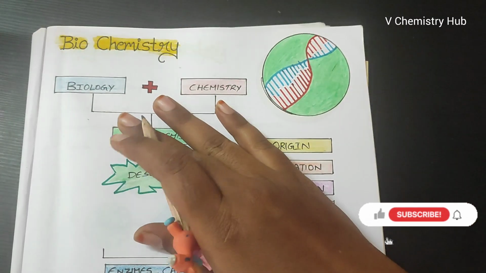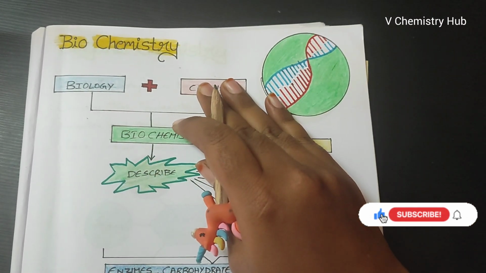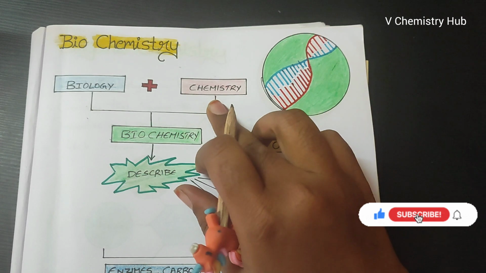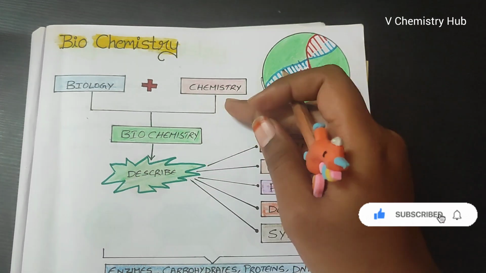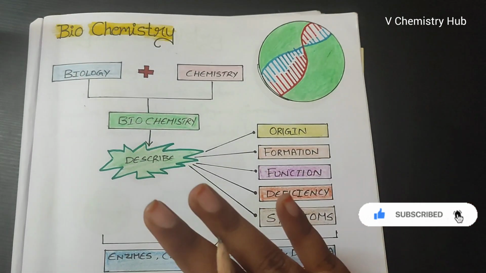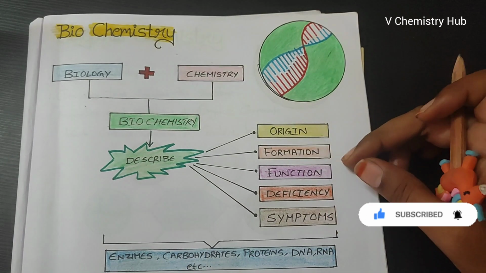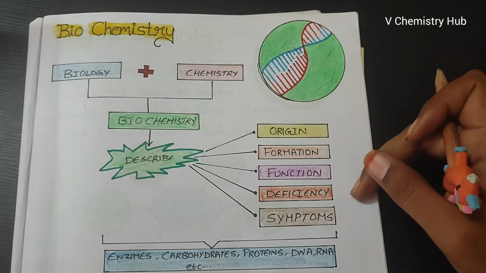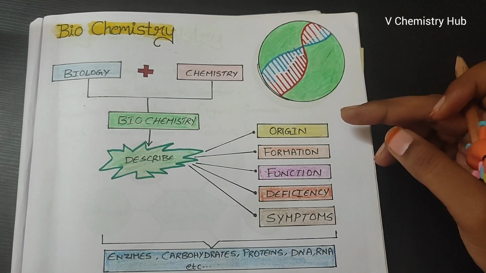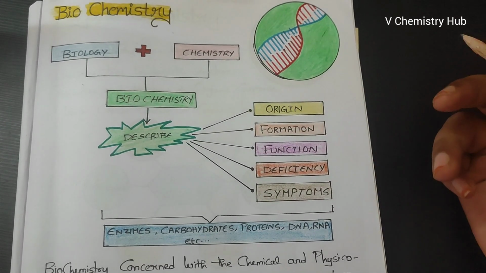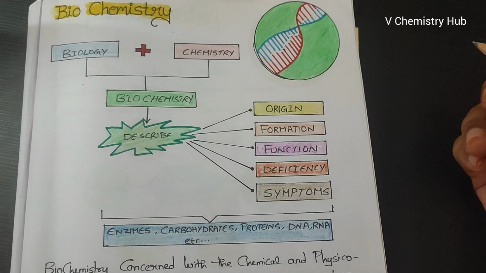Now coming to biochemistry. Biochemistry is simply biology and chemistry together. Biochemistry describes the origin, formation, function, deficiency and symptoms of things such as enzymes, carbohydrates, proteins, DNA, RNA and so on.